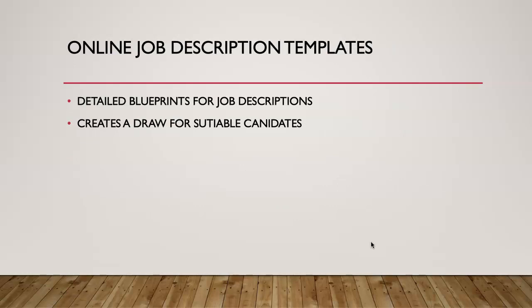Simple online job description templates are super helpful. They can give detailed blueprints for job descriptions. They can create a draw for suitable candidates, all which helps create a healthy org chart and defines how the role is going to be integrated within the system itself and who reports to individual.